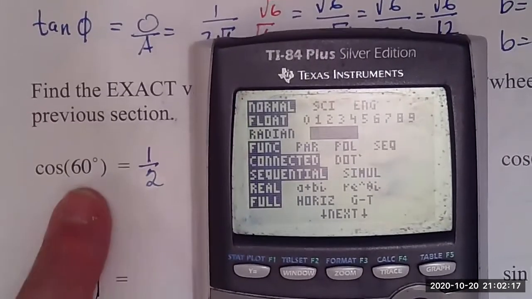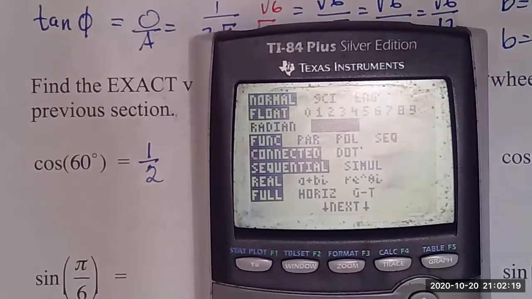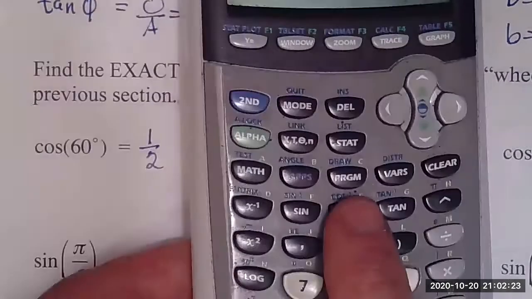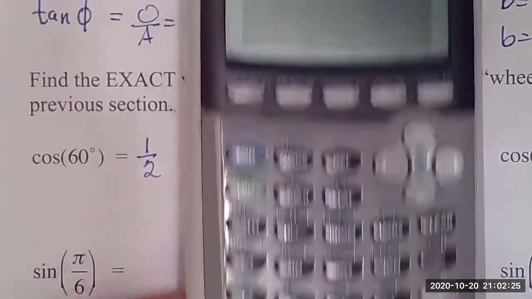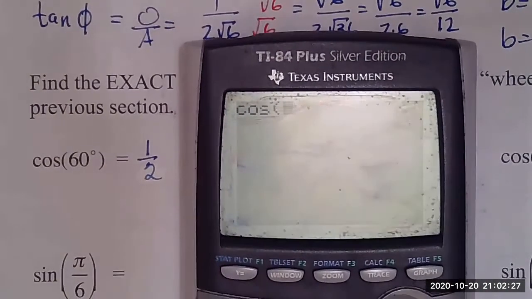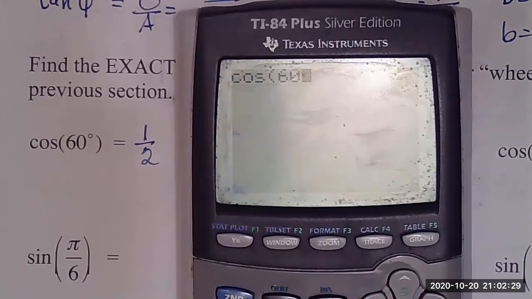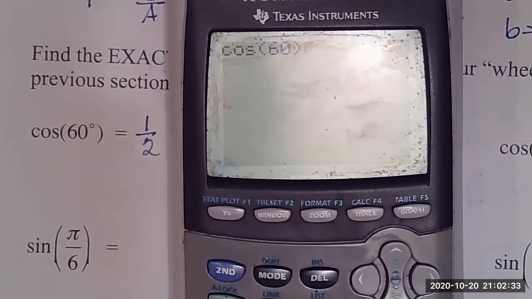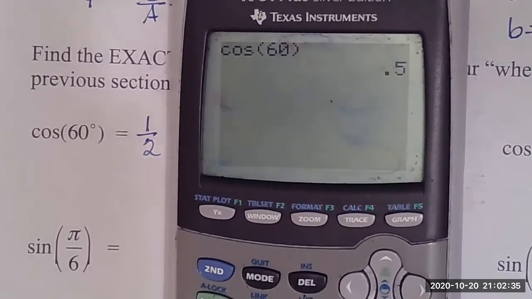Now I'm going to find the cosine of 60 degrees. There's the cosine button right here, and I'll just type in 60. Since I'm in degree mode, I don't have to put a degree marker there. I just do cosine 60, hit enter. It ought to give me 0.5, which it does.